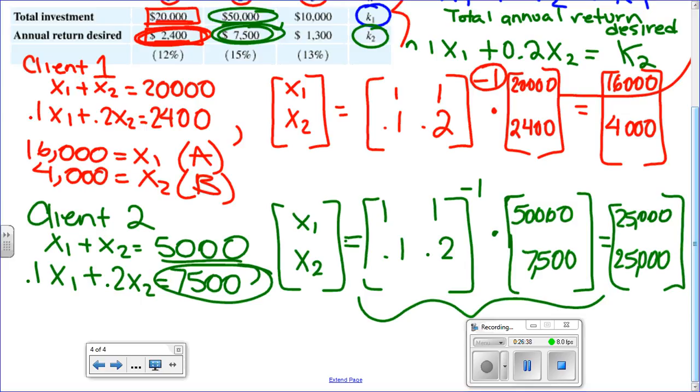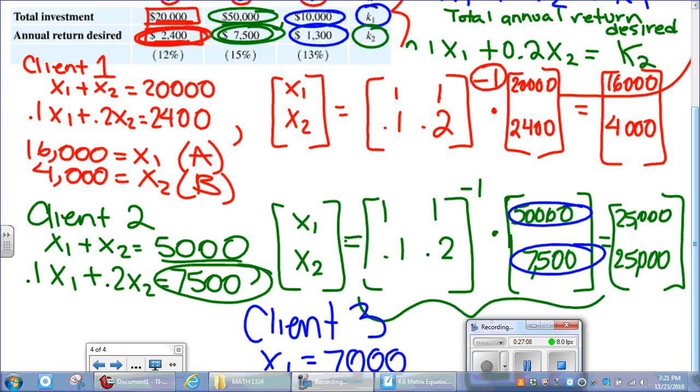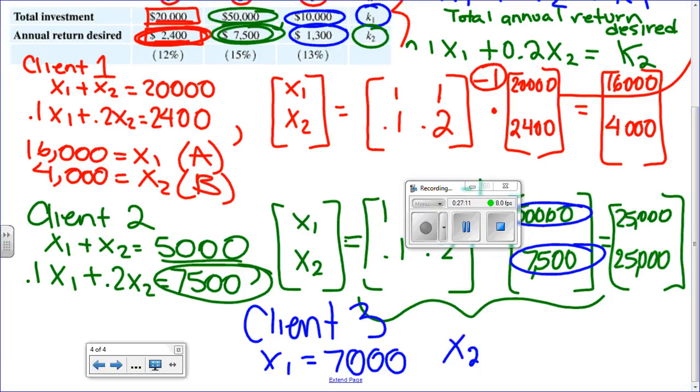Client 3, I'm going to leave that for you, but the only thing you should do is replace 50,000 and 7,500 with these numbers, 10,000 and 1,300. For client 3, I'm going to give you the answer. Client 3 should invest 7,000 in investment 1 and 3,000 in investment 2.